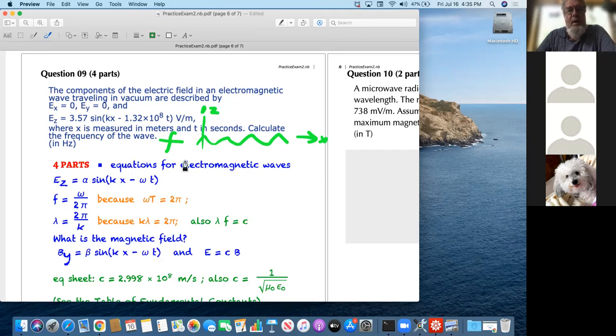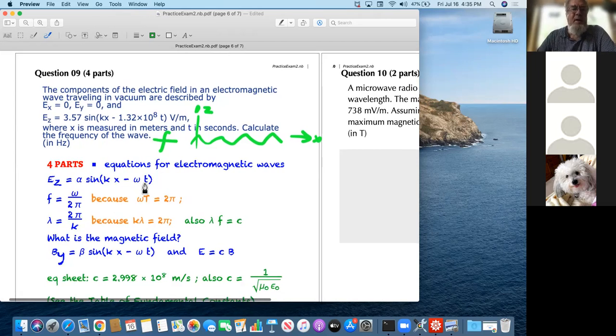So you need to know the equations for electromagnetic waves. The electric field is some amplitude times sine of kx minus omega t. Now, what's the wavelength? Well, the wavelength is 2 pi over k. And what's the period? Well, the period is 2 pi over omega. So the frequency is omega over 2 pi. The sine oscillates whenever the argument changes by 2 pi.